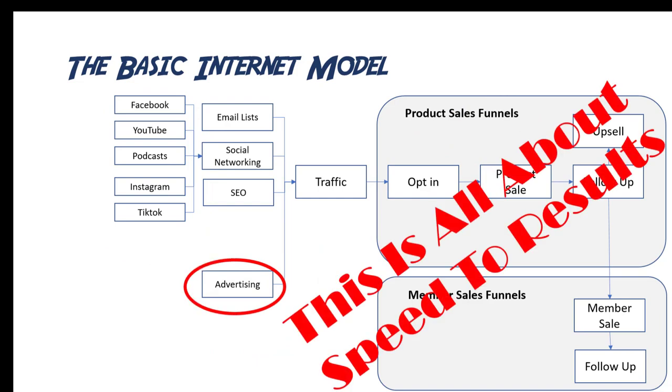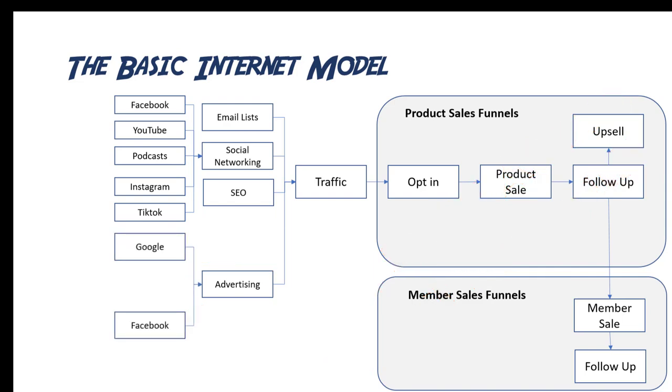Advertising. Advertising is all about speed to results. So to get the fastest results possible on the internet, you advertise. There are a lot of different ways to advertise on the internet. But the two biggest ones, the two big gorillas in the room, are Google and Facebook.